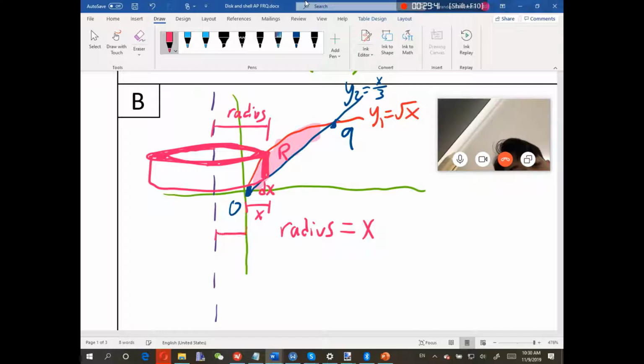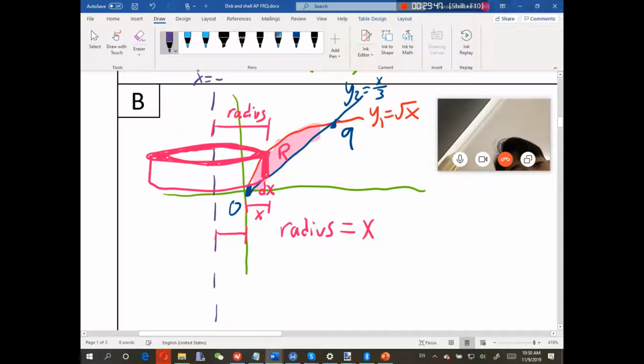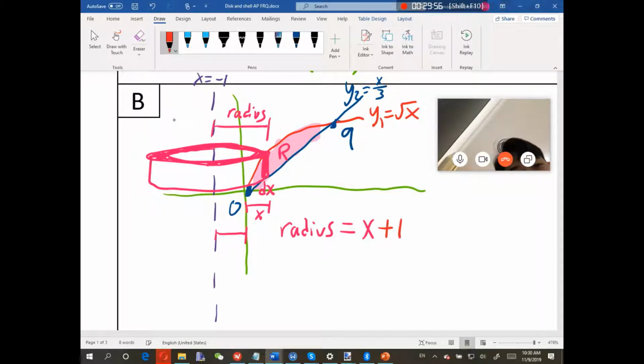Then I also have to get to the axis of rotation, which is currently at x equals -1. So what do I have to add? +1, right? Because I've got an extra 1 unit to get to x equals -1. Okay, if you're not sure, we could take our x value where we are right now, x, and subtract the x value we want to go to get the difference between them. So that would be x minus -1, which is x plus 1.